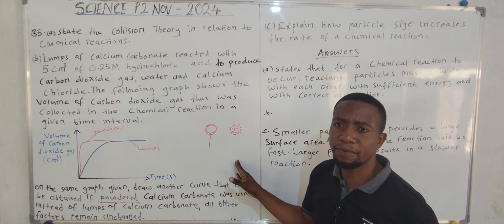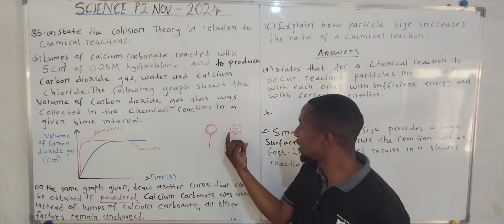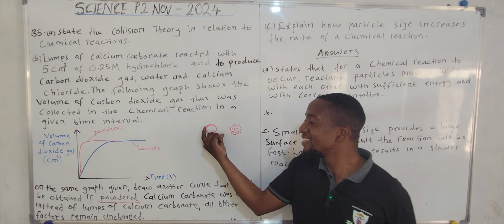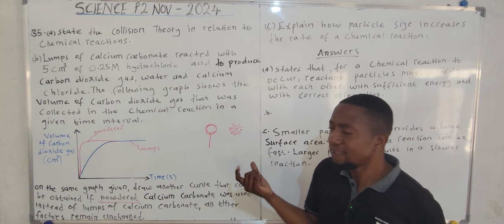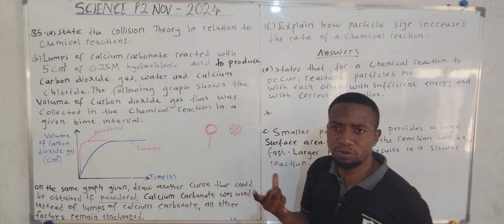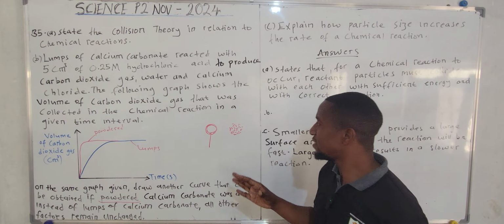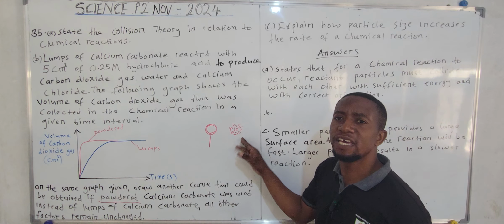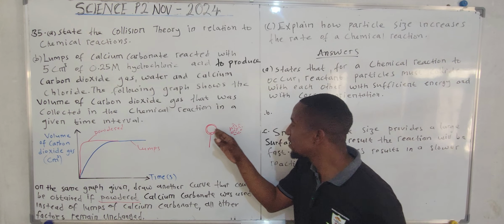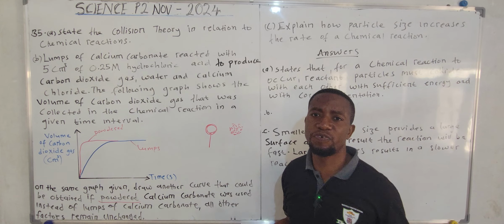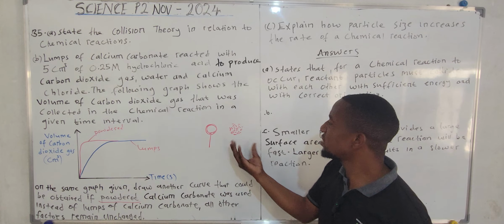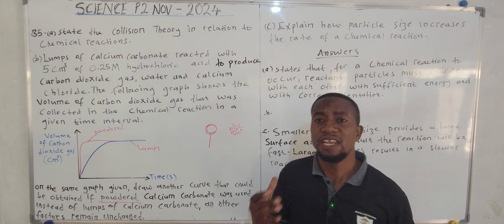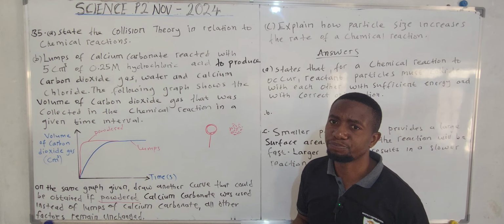When we set time, we give a person the whole lollipop to lick, then the other one licks the smaller particles. So you understand that the person with the smaller particles is going to finish first. The other one will take time to finish. Why? Because the smaller the particle size, the faster the reaction is going to be.